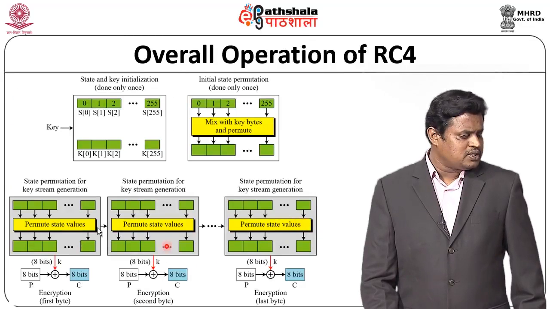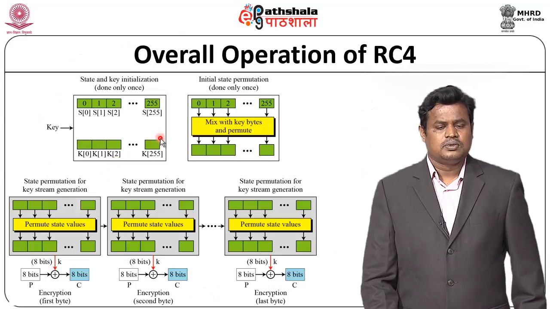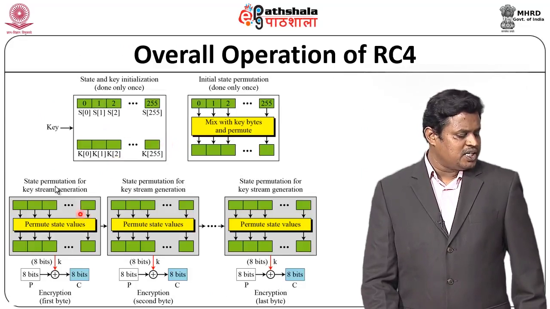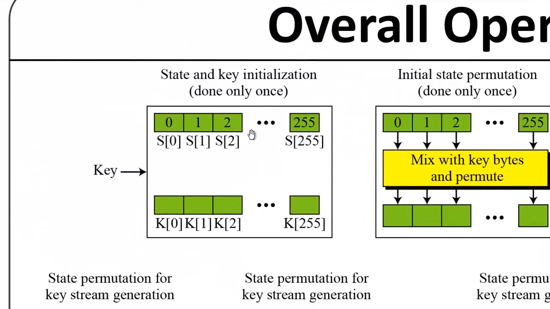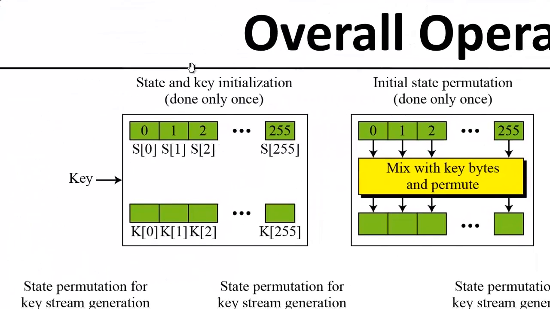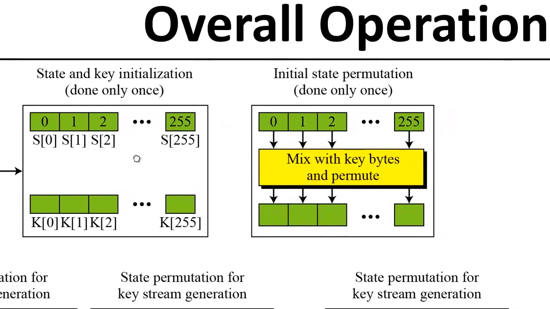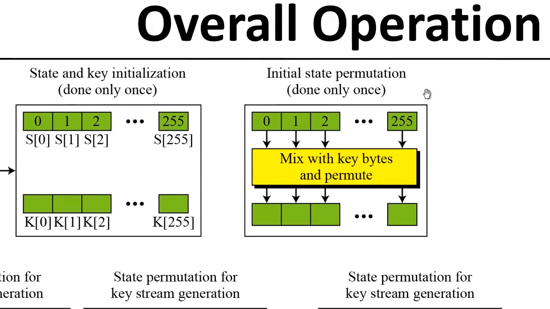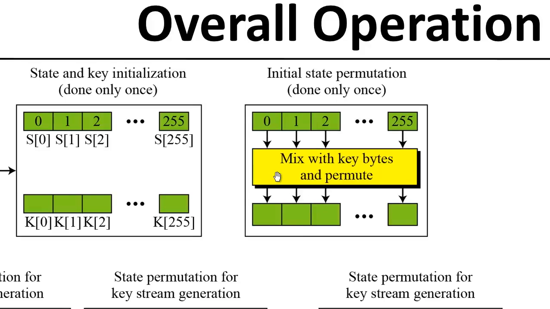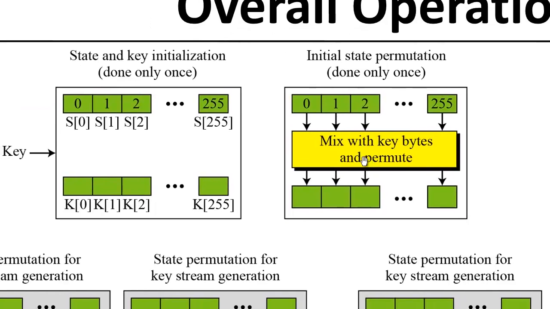The overall process of RC4, as an example of a stream cipher: the state and key initialization is done only once, during the initial step of the algorithm. Then we have the permutation, which is also done only once. Here it mixes with the key bytes and permutes to get your state.